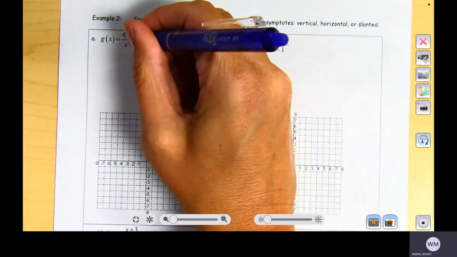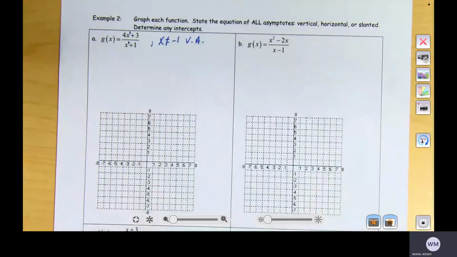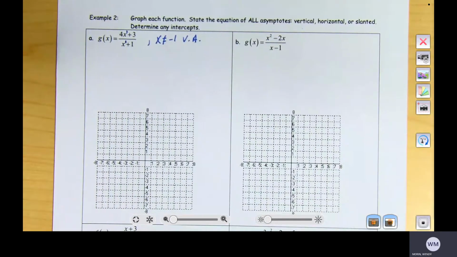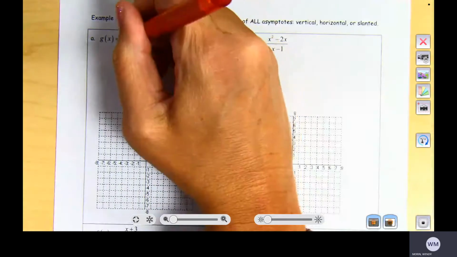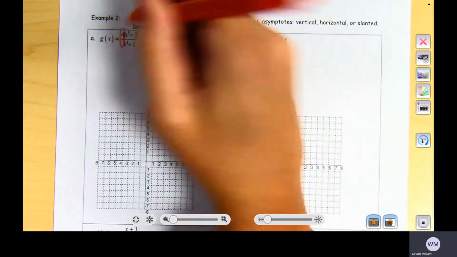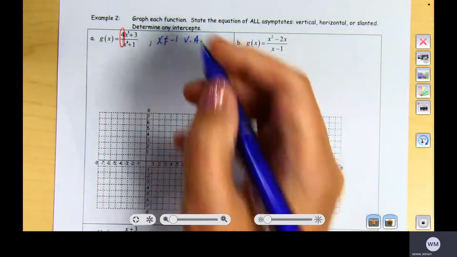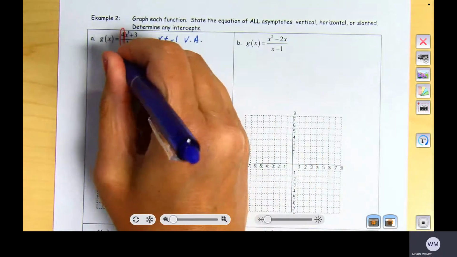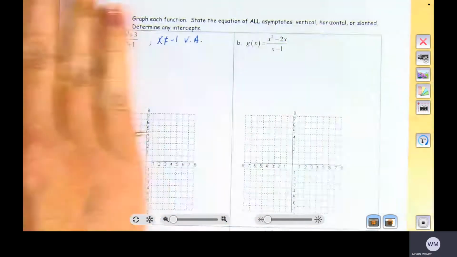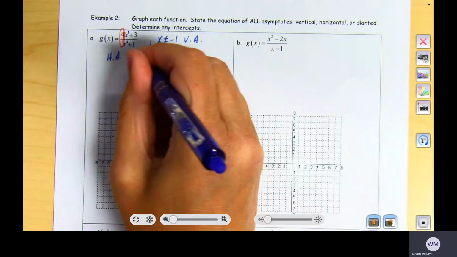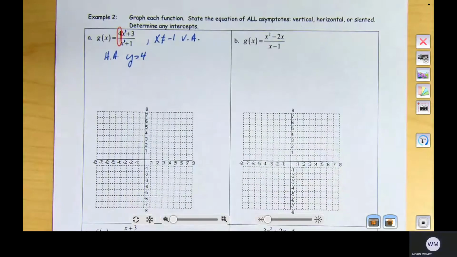This is degree 1, this is degree 1. Is there a horizontal asymptote? Yes. When the degrees are the same, we look at these leading numbers, which is 4/1. So you have a horizontal asymptote, y equals 4. All right, so let's go ahead and put those in.